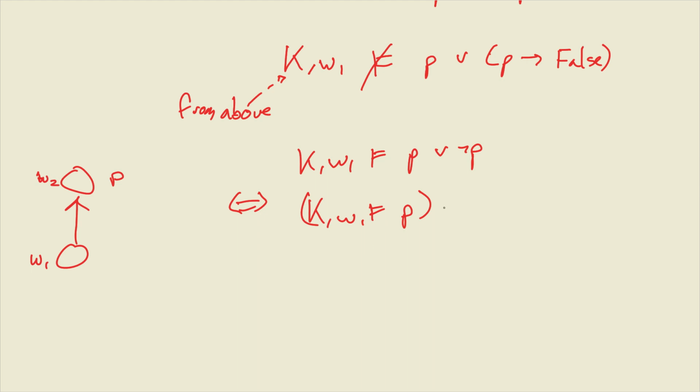So at world 1, P is not true, and otherwise, for the negation to be true, we need to know that for all future worlds from W1, in those future worlds, this W prime, if P is true, then false, because then we need to know false is true.